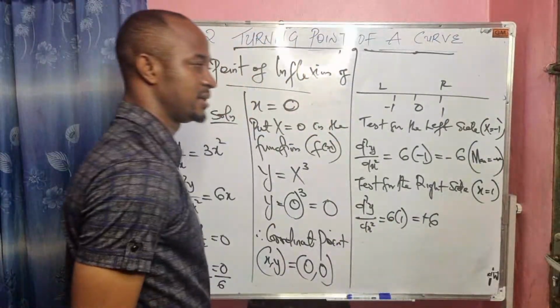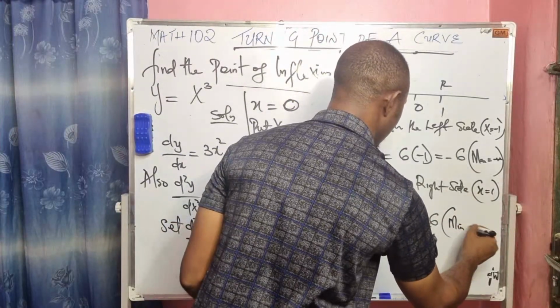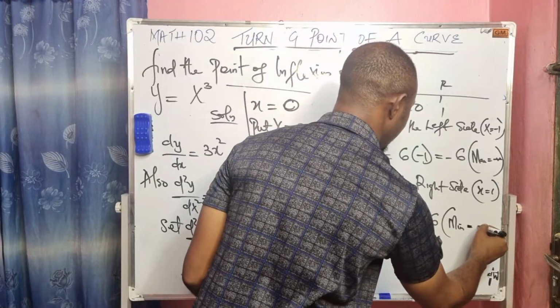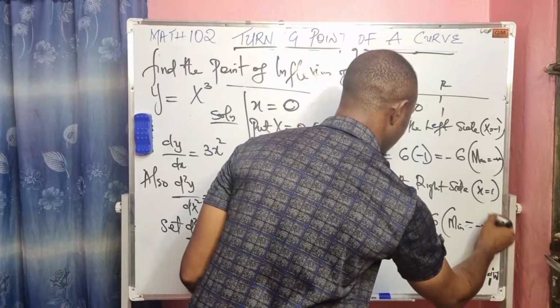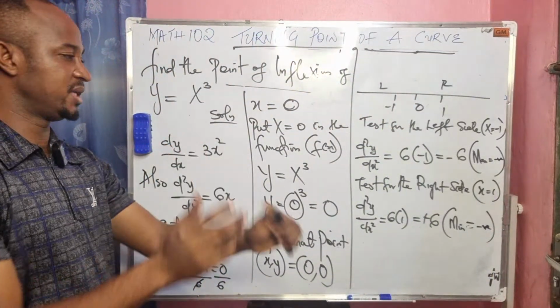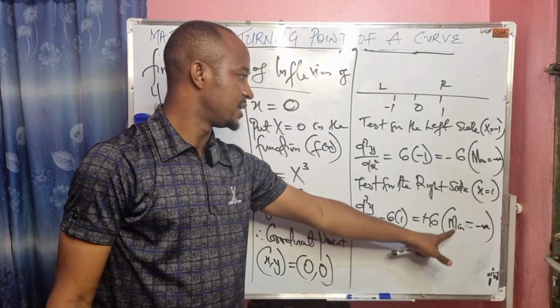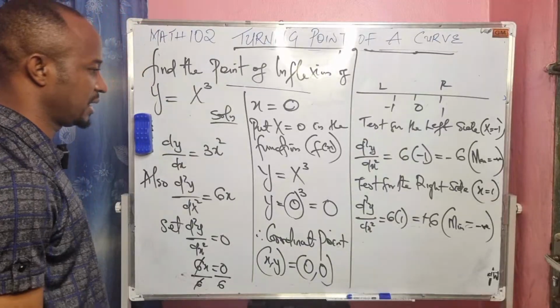This is plus 6. Plus simply means minimum. Don't forget. Minimum simply means it is concave up. This is concave up. This is concave down, which is open downward.